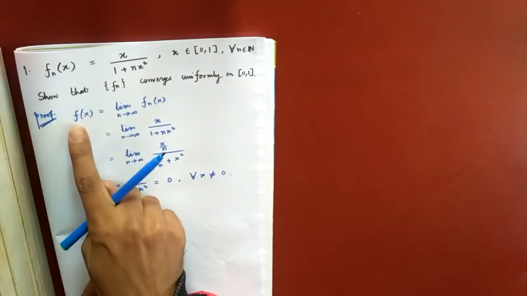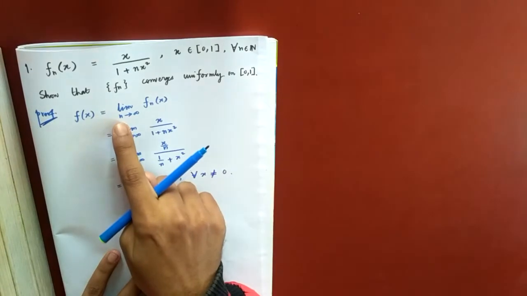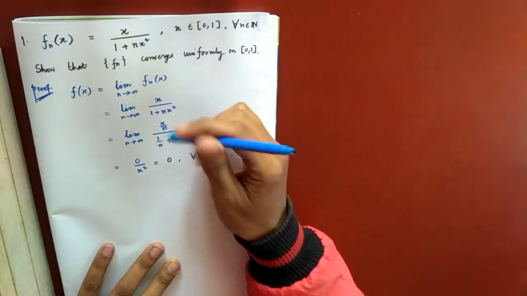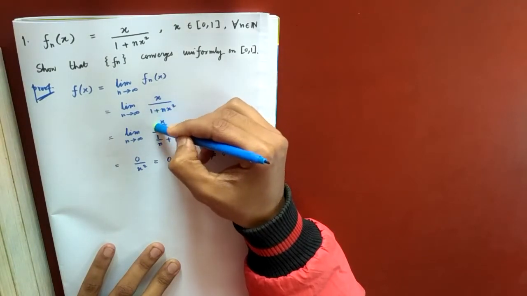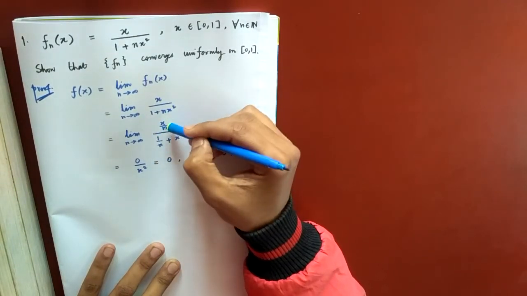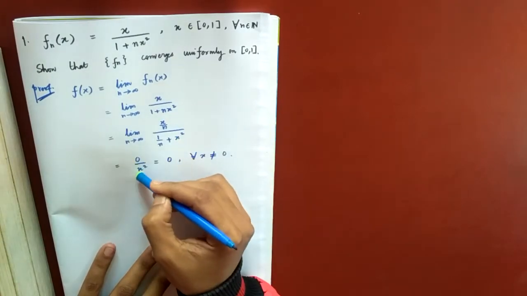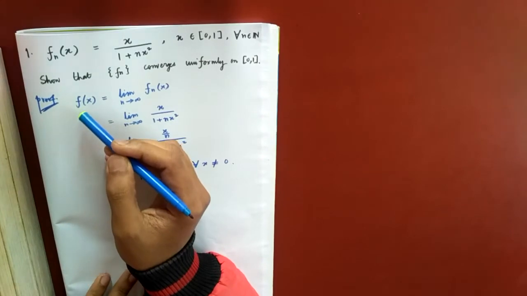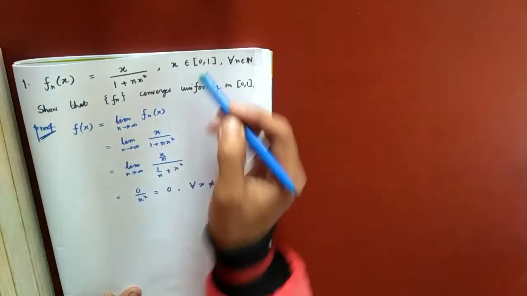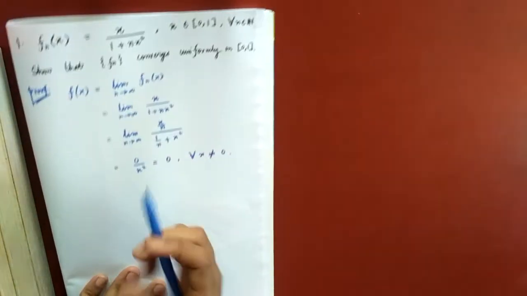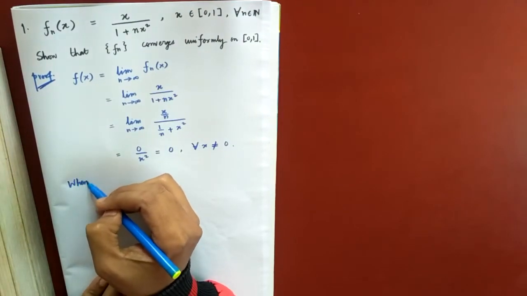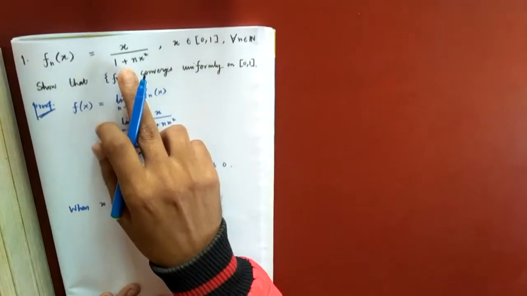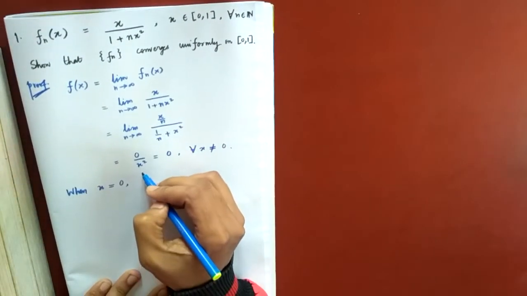You see, what is f(x)? f(x) is limit n tends to infinity fn(x). Whatever x you choose other than 0, this is going to 0 and this is going to 0. I am remaining with 0 by x square, which will be 0 for every x, but x should not be 0. So I have calculated the limit function for all x except 0. When x equals 0, what is this sequence fn(0)?